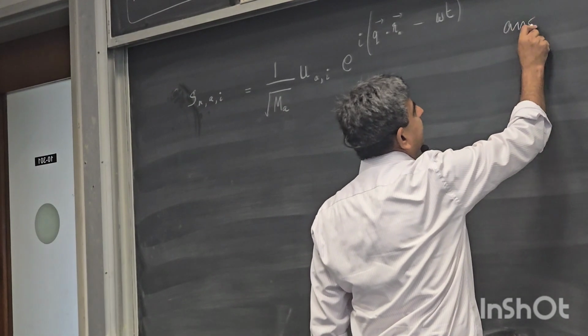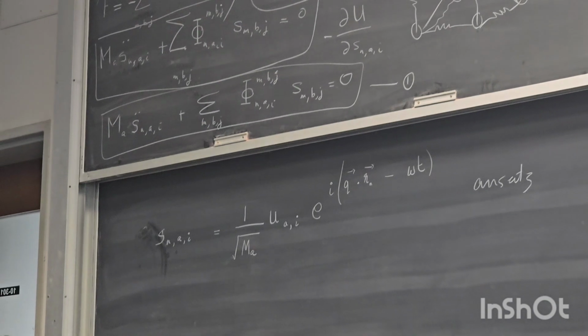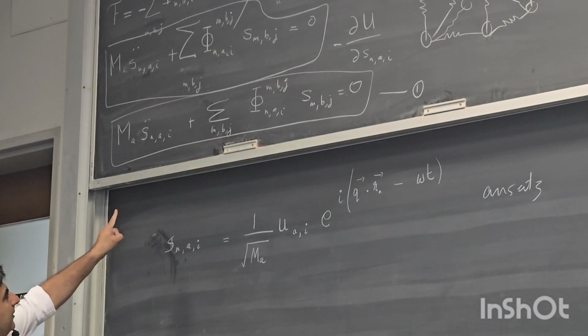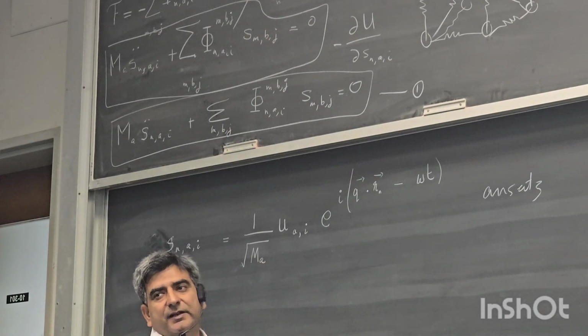It's called an ansatz. So we take this ansatz and insert it into equation number 1, which is our equation of motion. So if I take the double derivative of this object, the double derivative will give me a minus omega square.